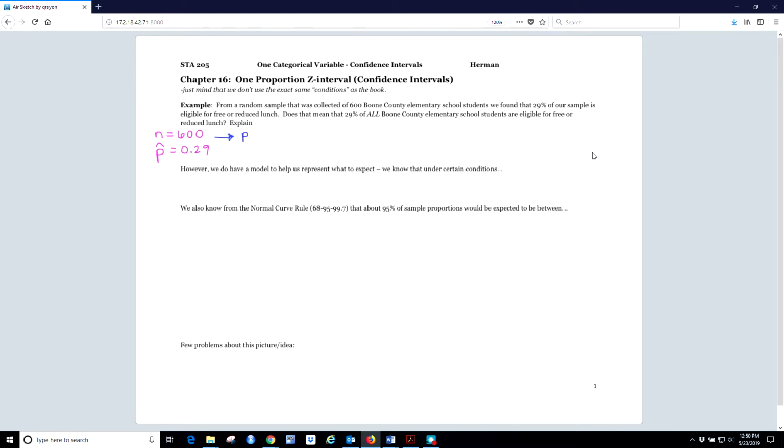So what they're asking us here is, from this information, would you feel comfortable saying that 29% of all of our students are eligible for free or reduced lunch? As soon as I say all, we're talking about the entire population, so now I'm referring to P. Do you think that this is a true statement? Well, just because we found something in the sample doesn't mean it's going to be true for all students.